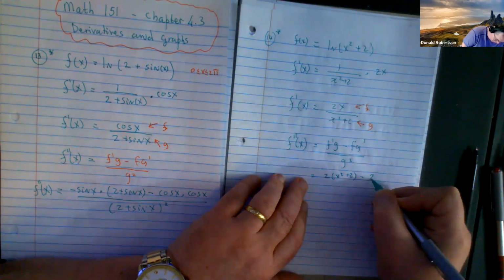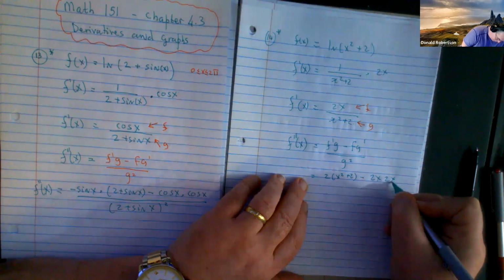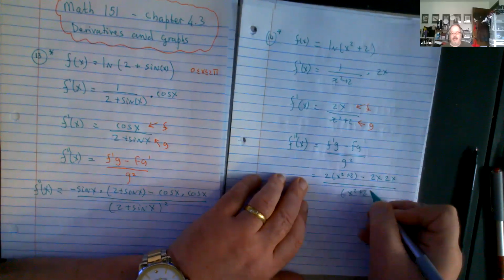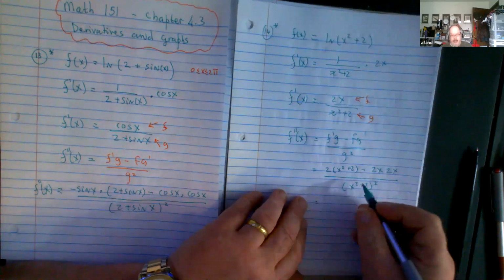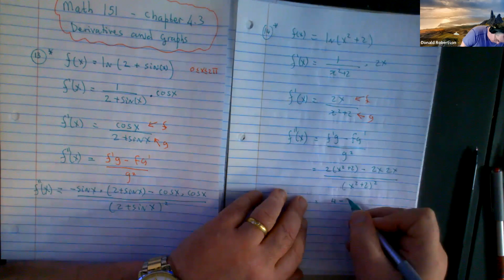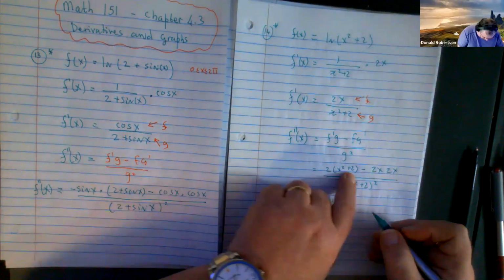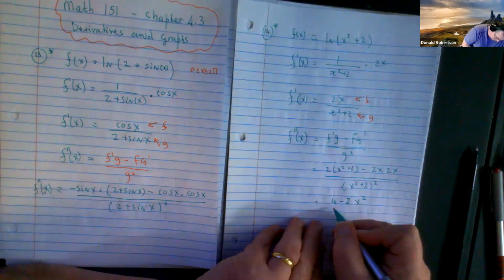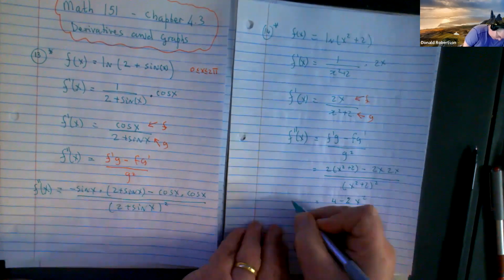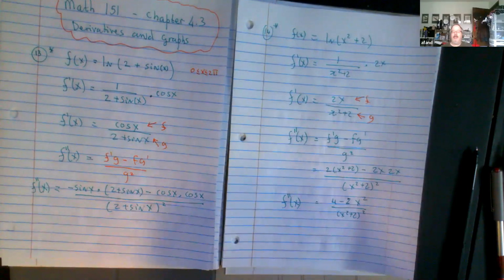Leave the top alone, and differentiate x squared plus 2, and the whole thing on the bottom squared. That's 2x squared, take away that, so you get 4, take away 2x squared, over x squared plus 2 squared. So that's what the second derivative looks like.